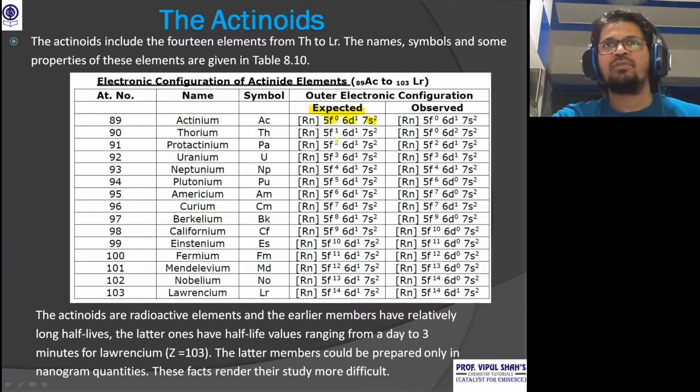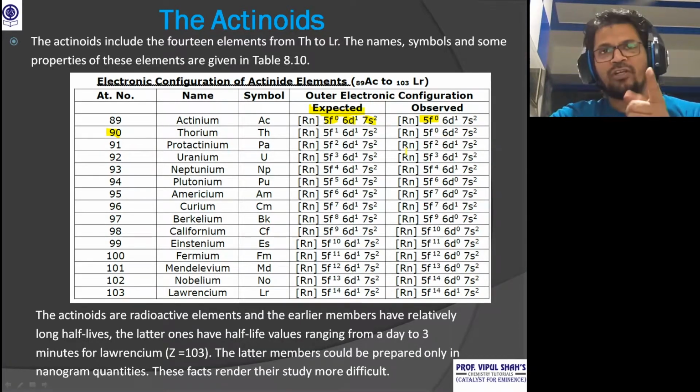It starts from thorium onwards, 5f1 to 5f14. This is the expected configuration, but the observed is not the same. Again, we have certain anomalous behaviors here. Observe this very well, something very important. First case, actinium, we have this as 5f0. So as I told you, it's not an F block, it's a D block. Thorium, people, atomic number 90. Just look at this observed.